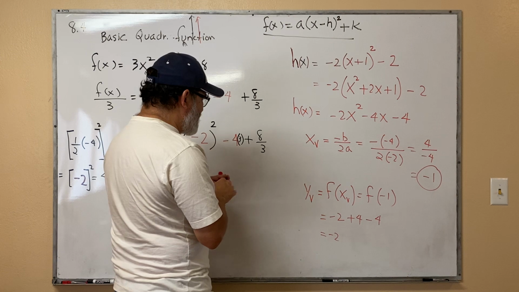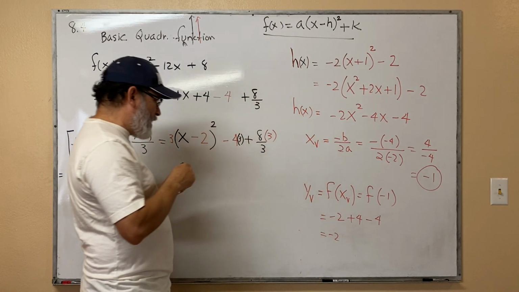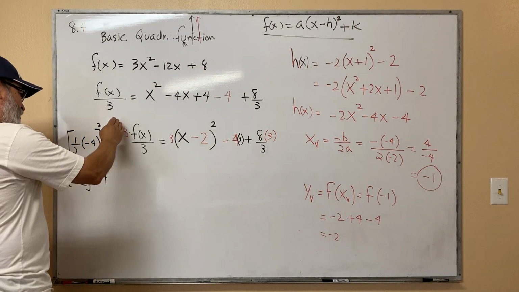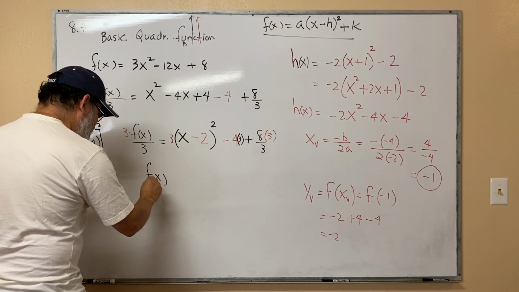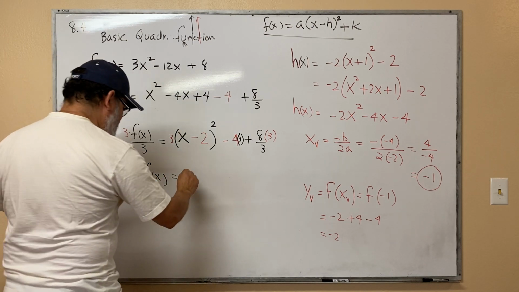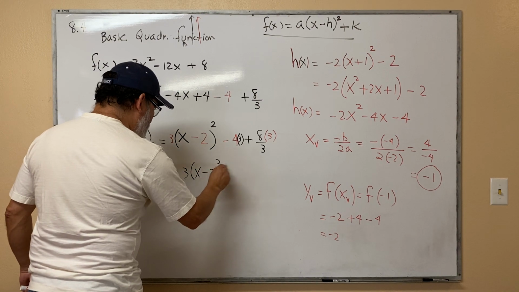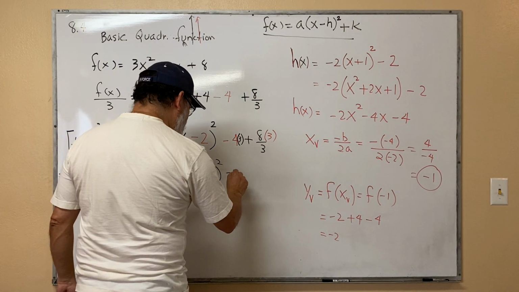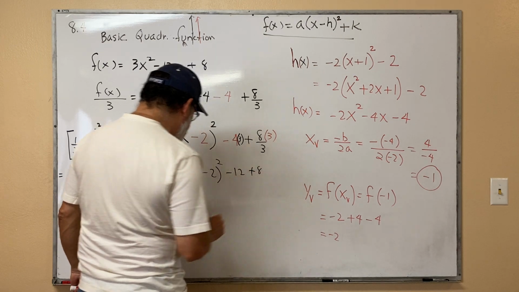And multiply this by 3. That's beautiful. The 3's cancel. Get f of x. This is 3 times x minus 2, quantity squared, minus 12. The 3's cancel. Plus 8.